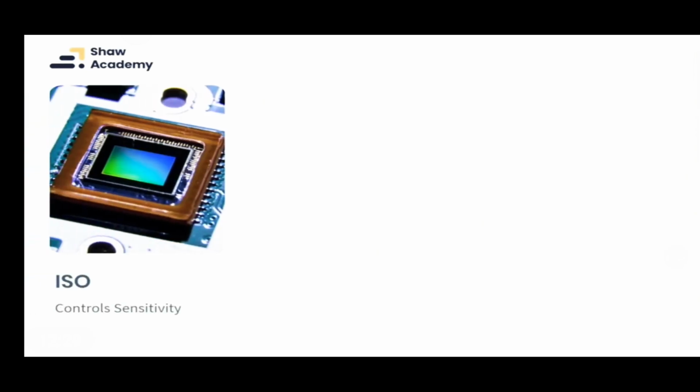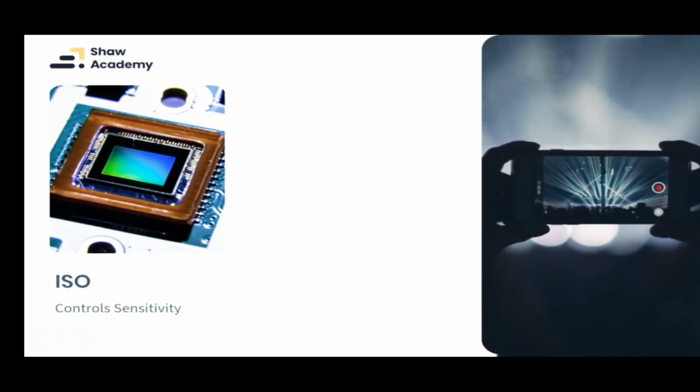Now, finally then, the third component to our exposures is ISO, which controls sensitivity. And again, this is located within the image sensor itself. And ISO is changed when we need to capture images in low light situations, or we need to use very, very fast shutter speeds.